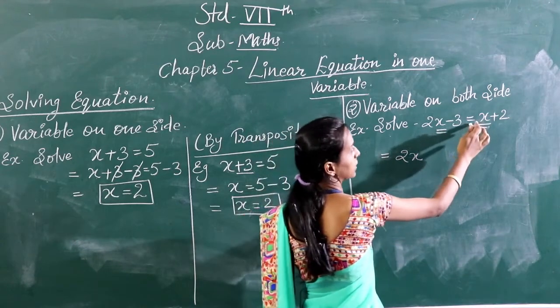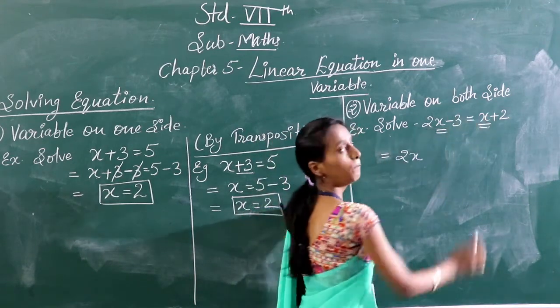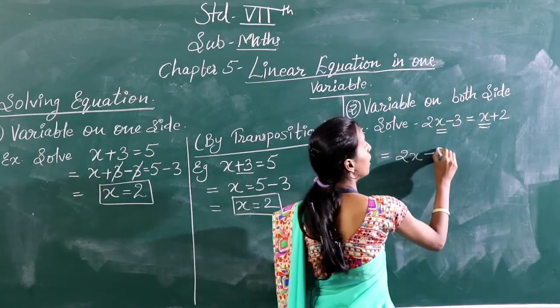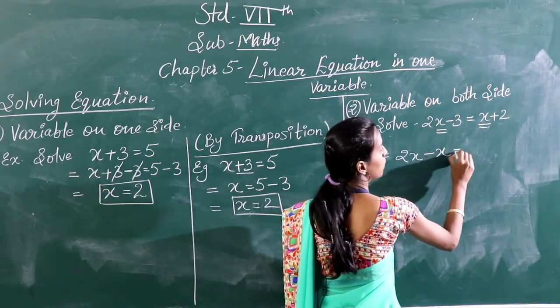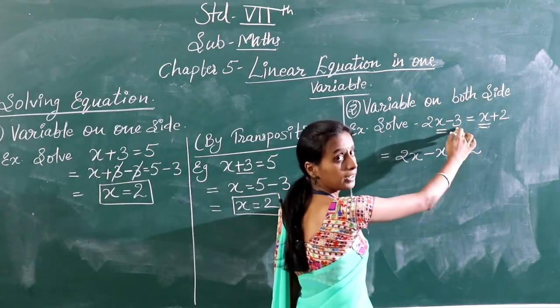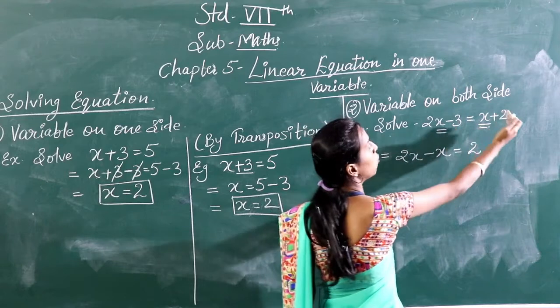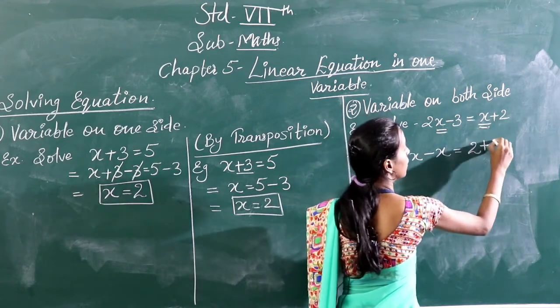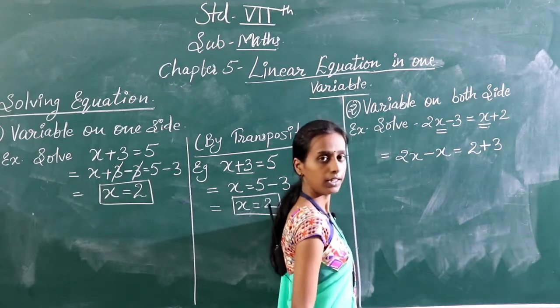So before x, what is the sign? It is plus. So when it comes to the LHS side, it will become minus, equals, this 2 is as it is, here it is minus 3. When it goes to this side, what will it become? It will become plus 3. Clear?